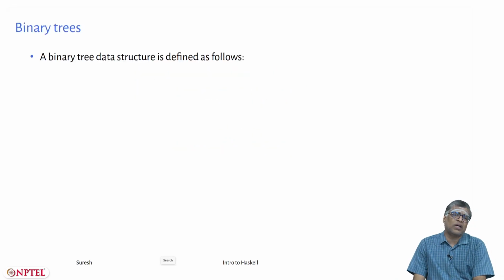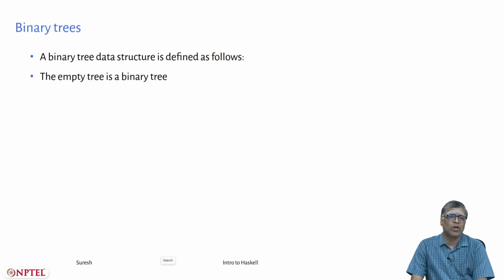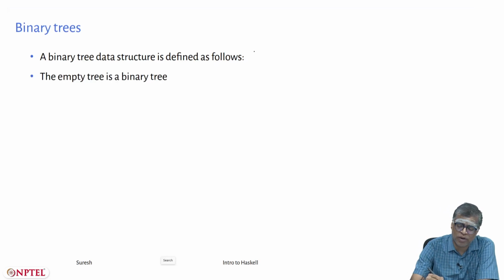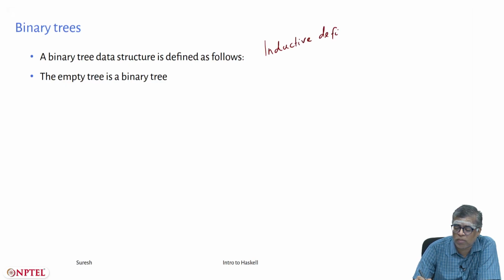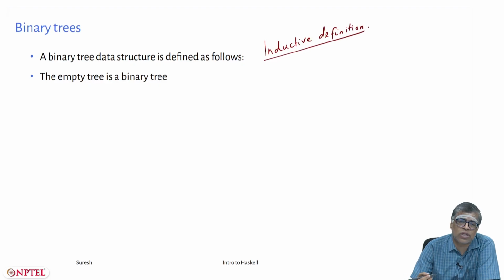So a binary tree data structure is defined as follows. This is an inductive definition. This is just like defining numbers. 0 is a natural number.